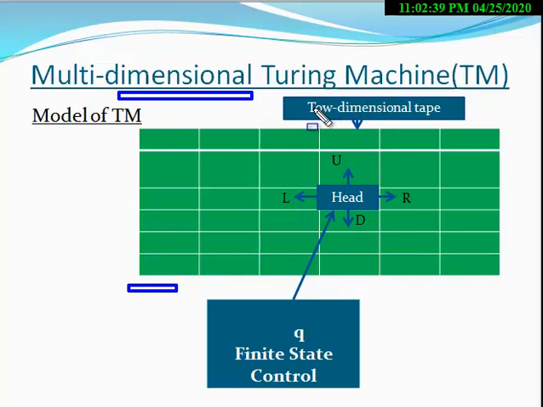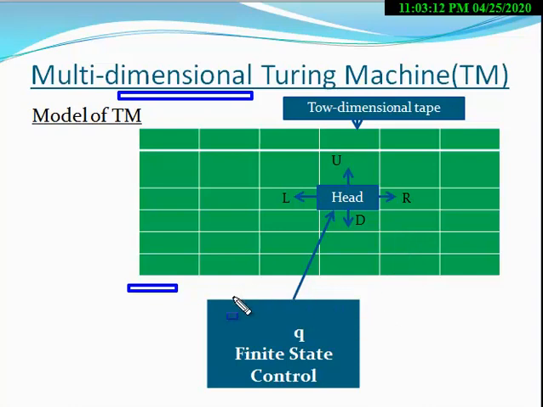First is the left direction, second is the right direction, third is the up direction, and fourth is the down direction. That is, the head of the machine in this type of Turing machine can move in all these 4 directions, right?